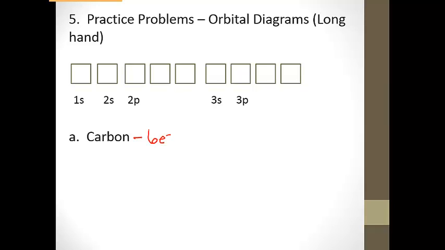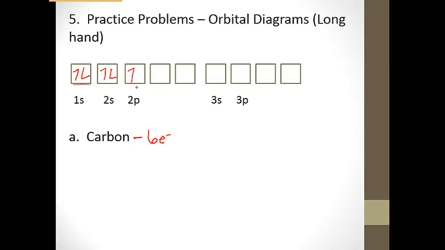We have 1s, and that is going to be able to hold a maximum of 2 electrons, and we can't avoid pairing those because there is just the 1s box there, so we have to put them together. Same in the 2s, we have to pair those together. So now we've used up 4 out of our 6. That means that the last 2 have to go in this 2p orbital, and we have 3 boxes open.